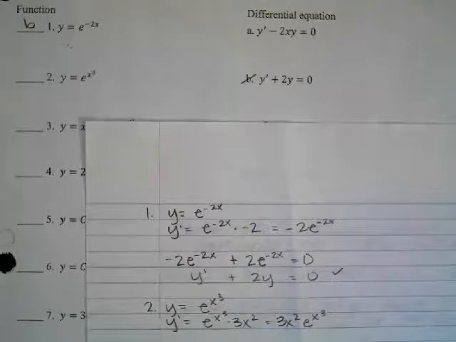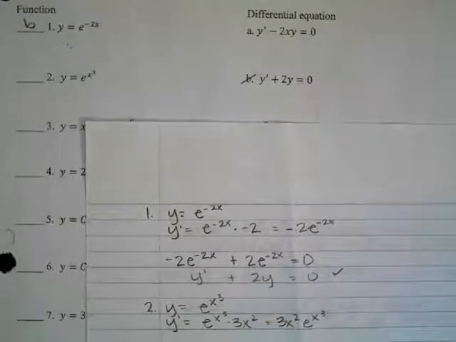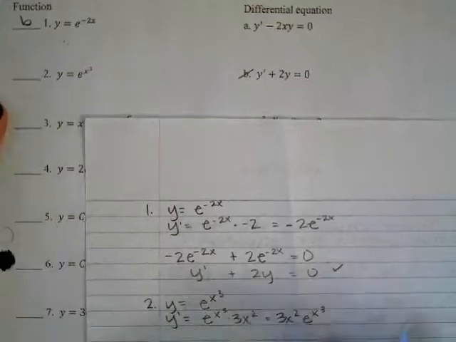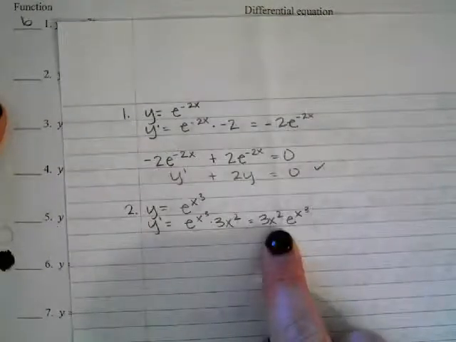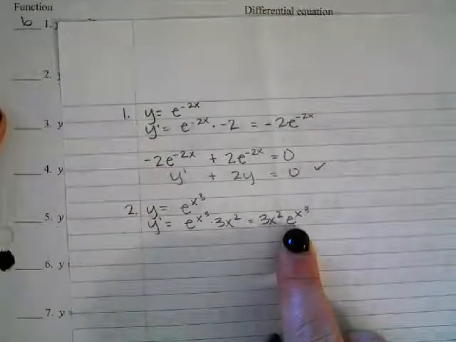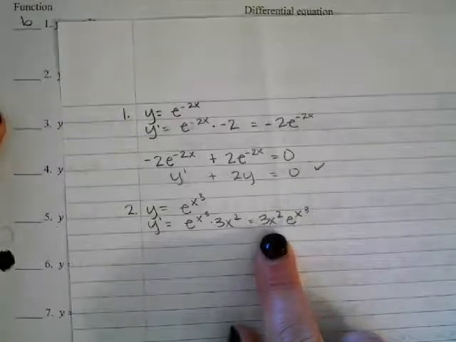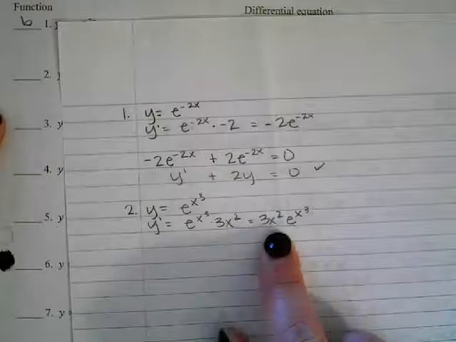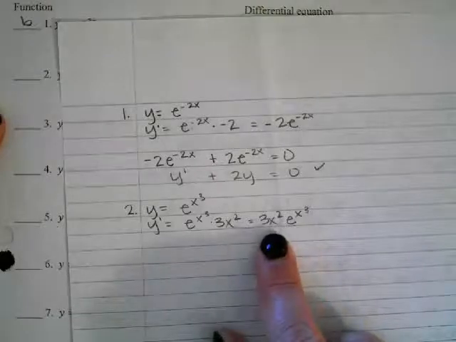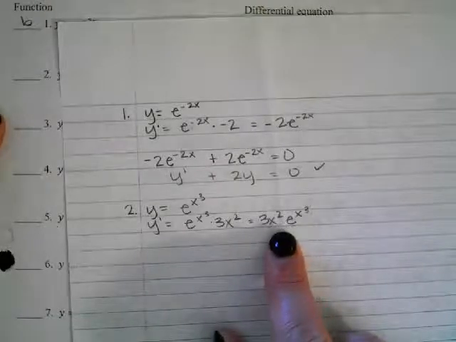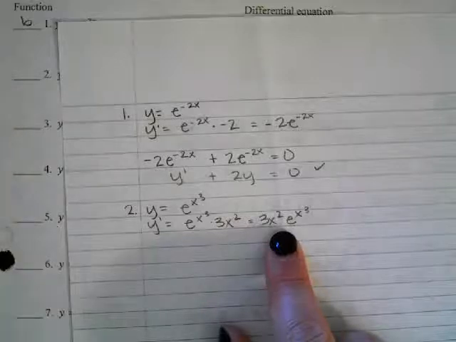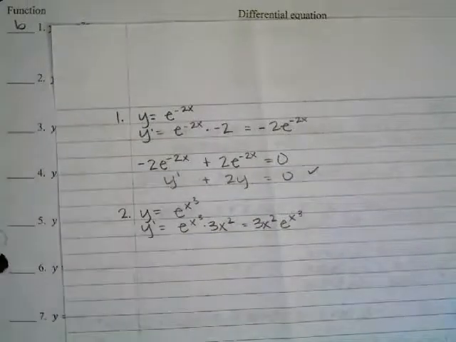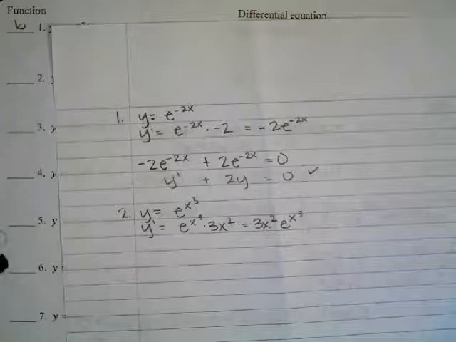When you find your second derivative, what's going to happen when you do your second derivative of this one? It's a chain rule, but what else is it for your second derivative? It's a product rule. So what's going to happen when you do your second derivative is you're going to have a plus in there. It's going to split it and make it more complicated. And so that's going to end up with something that has multiple pieces. Do you guys see?